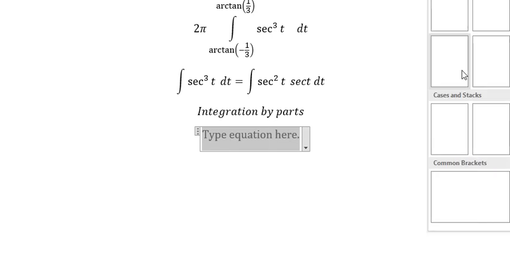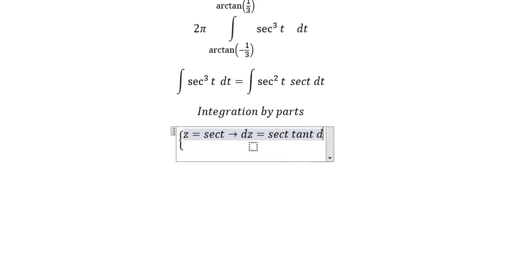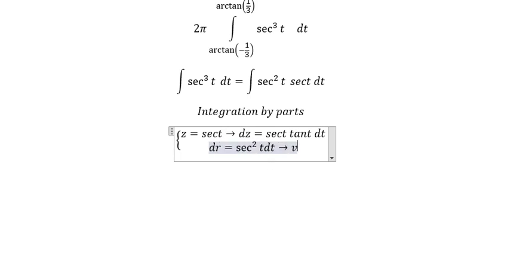So I will put z equal to secant t. If I do the derivative, we will have dz equal to secant t tan t dt. dr, I will put secant squared t dt. The integration of this one, we have r equal to tan t.